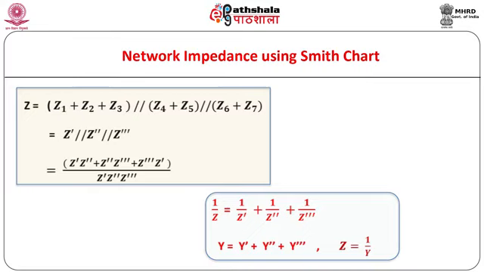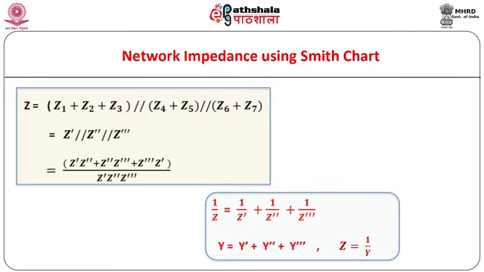As an example, suppose we want to find the net impedance Z of a network given by Z is equal to Z1 plus Z2, plus Z3 in parallel with Z4 plus Z5, and that too in parallel with Z6 plus Z7. It is easy to calculate and plot the effective impedances Z', Z'' and Z''' of the series combinations of the respective impedances on the Smith chart.